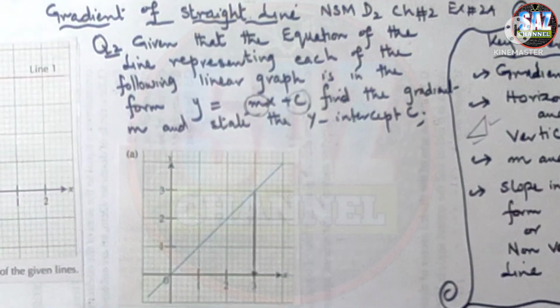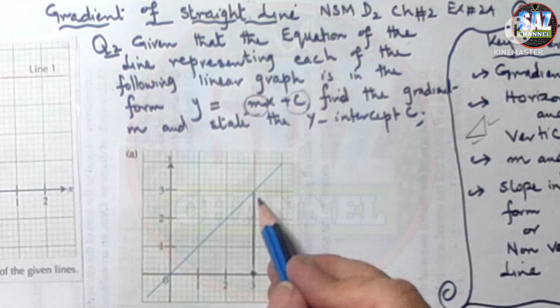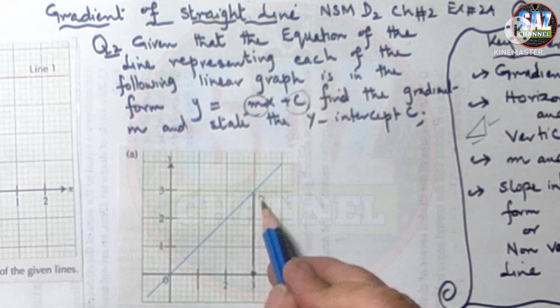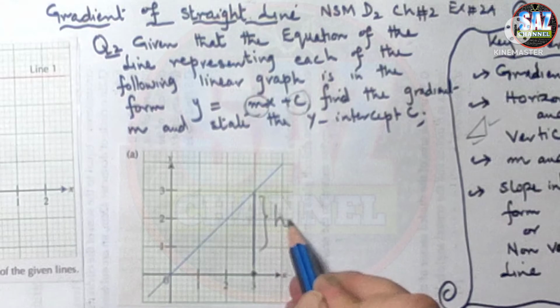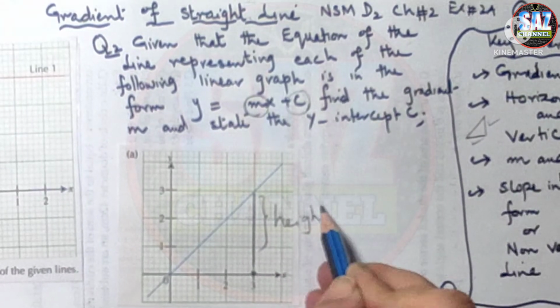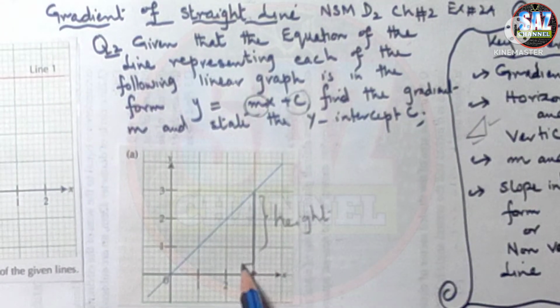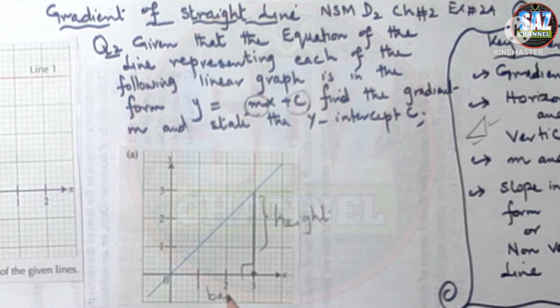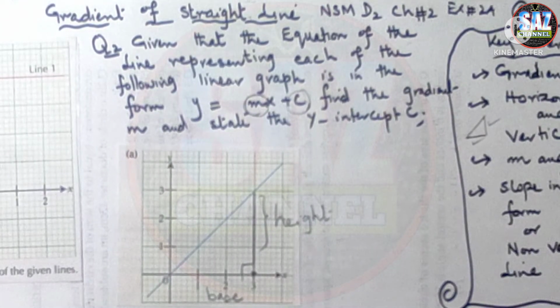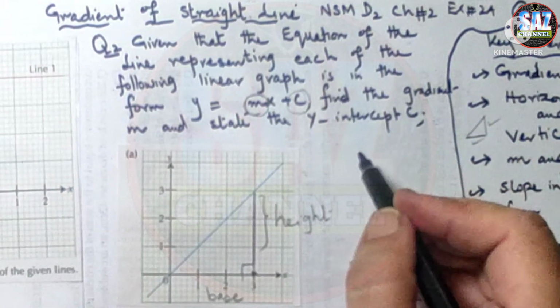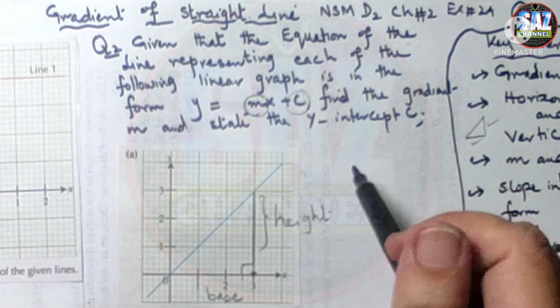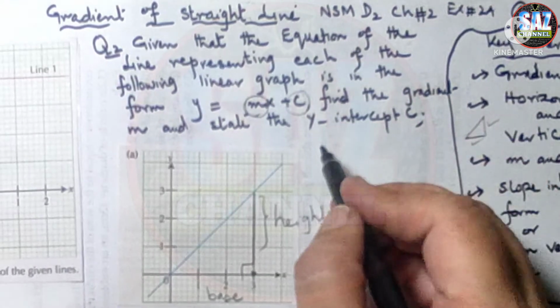I hope my camera can show this. Now look, this is the height of that triangle, and this is the base of that triangle. So gradient is the ratio of height and base, rise and run.